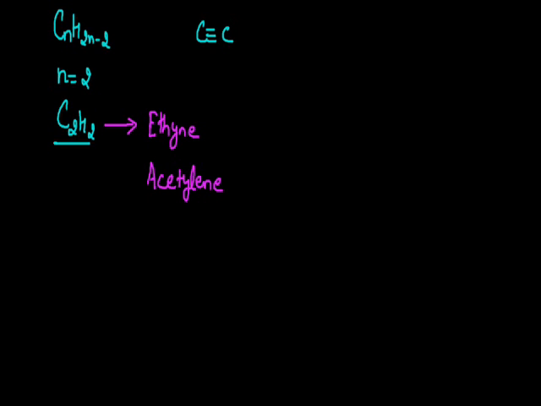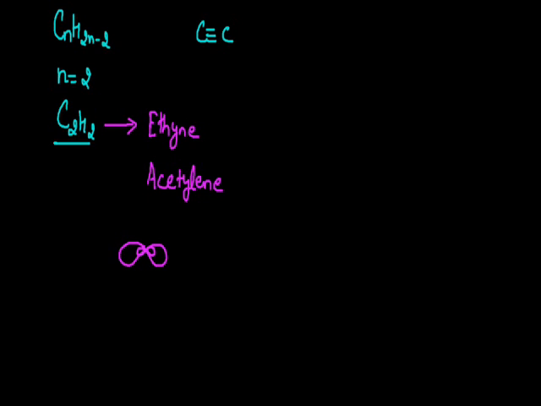Now since this C2H2 contains two carbon atoms, if I talk about the geometry or the structure of this compound, each carbon atom has sp hybridization, and the two sp hybridized orbitals of each carbon atom can be indicated by this. That is the very first carbon atom, and these are the two sp hybridized orbitals of this carbon atom.